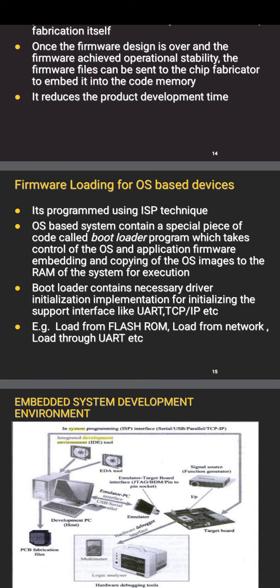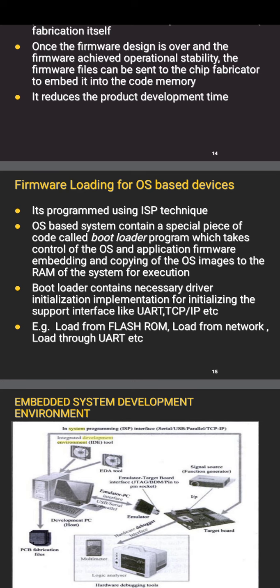Here, in-system programming techniques are used for firmware integration, and here the OS contains a special program called a bootloader, which takes control of the OS and firmware embedding, and copies the OS images to the RAM of the software for execution.